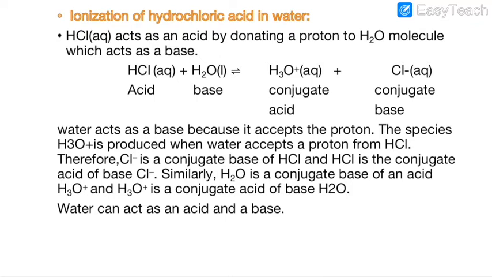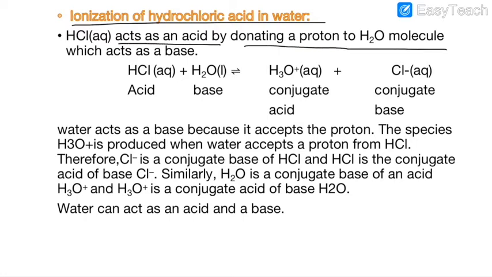Let's take one more example to understand the Bronsted-Lowry concept of acids and bases. Ionization of hydrochloric acid in water. Hydrochloric acid acts as an acid by donating a proton to the H2O molecule, which acts as a base. HCl will donate a proton to H2O and convert into Cl minus, and H2O will convert into H3O plus.